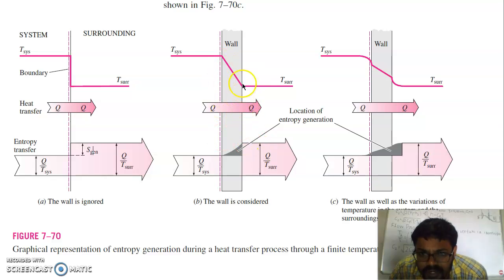If you have to calculate entropy generation at this surface, you have to take this temperature, and within this wall you have to take whatever the temperature at this location to calculate the entropy generation. So in the third case you can clearly see that entropy generation is from this point to this point, which is the actual case in most cases.